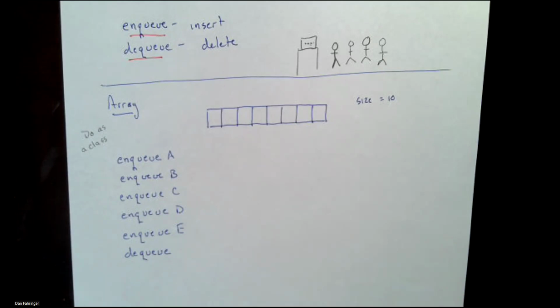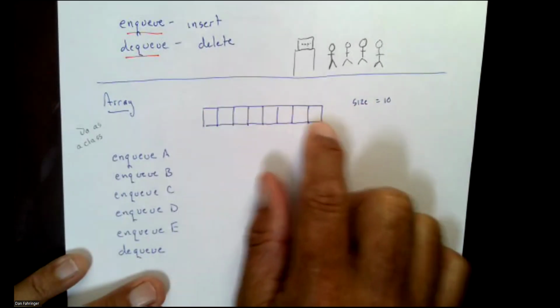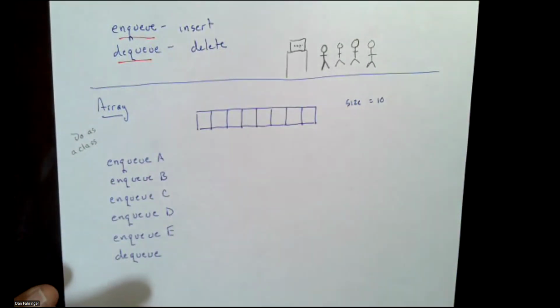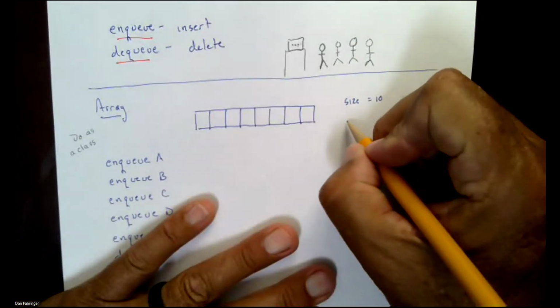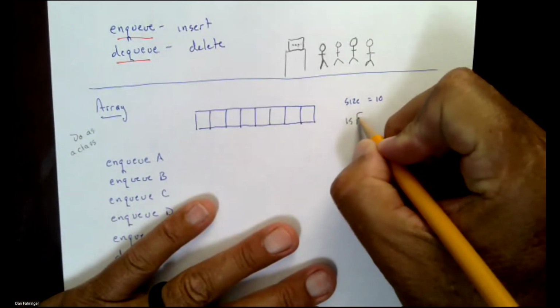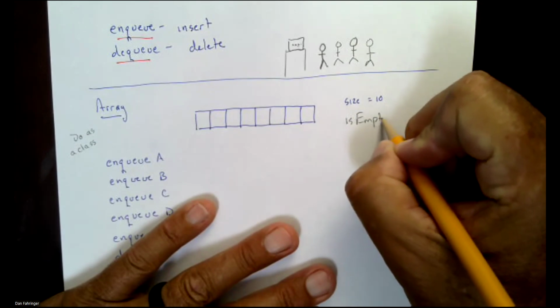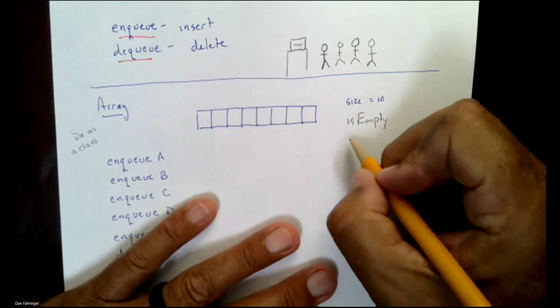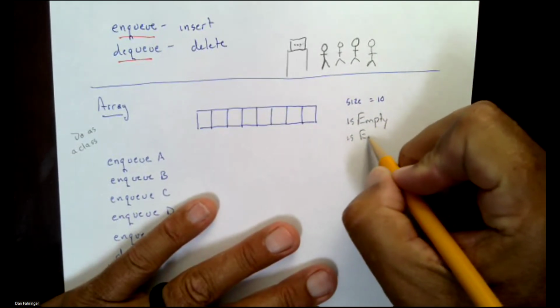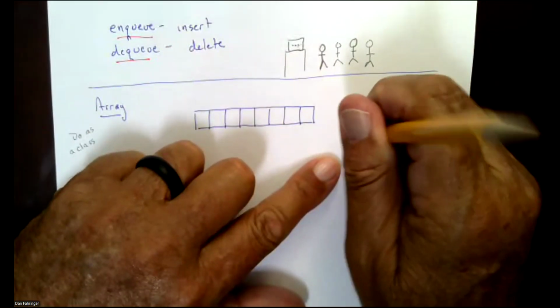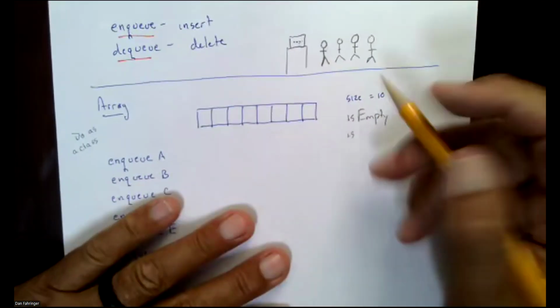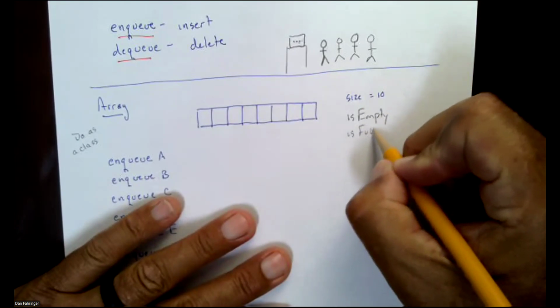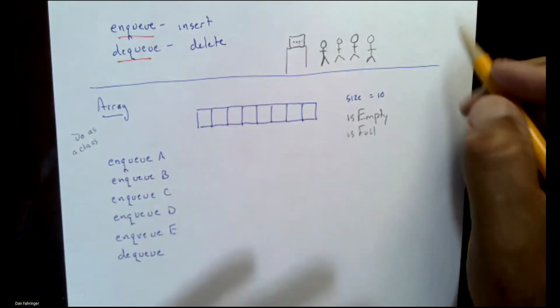Size is important. We always know that we need to keep track of that. Some other things that we always had in the back of our minds was a function for is empty, is not empty, but we're going to do the opposite, is full, which means we're going to need some sort of count.